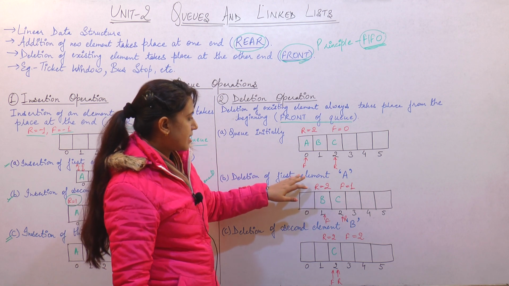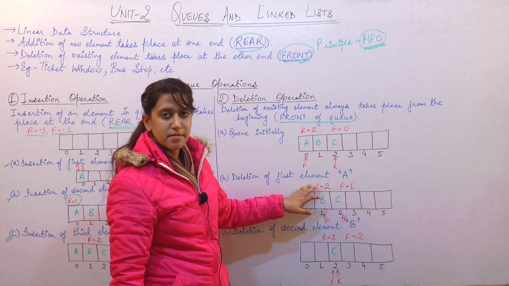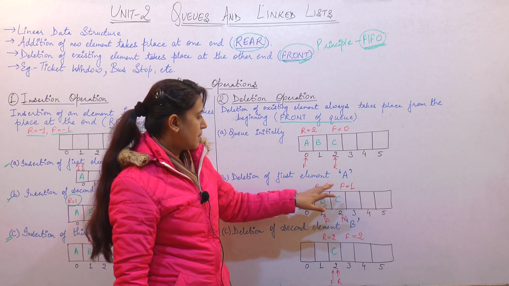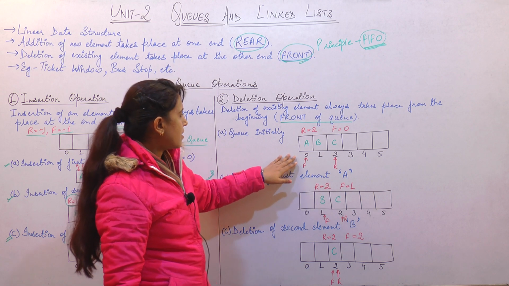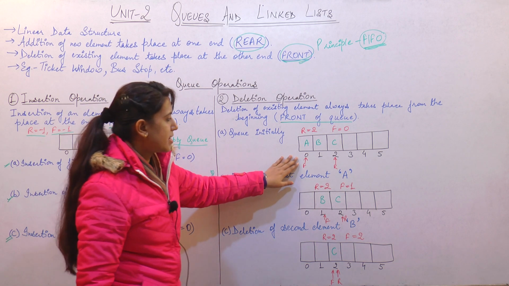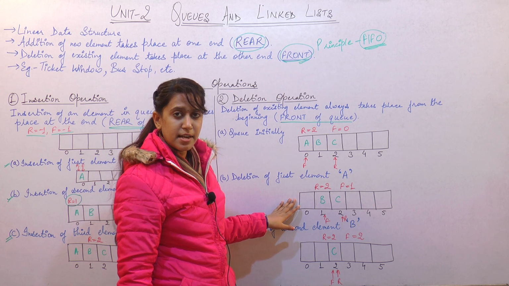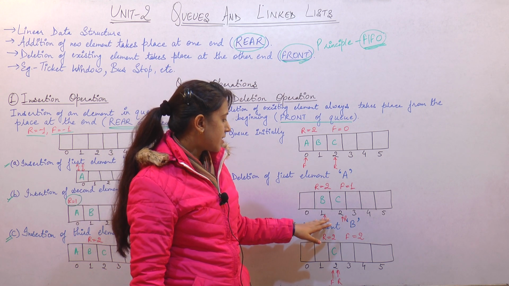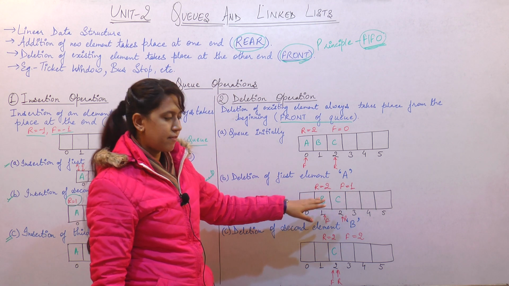So when we deleted A from the queue, the value of rear end does not change, but the value of front end incremented by 1, because in the first step the value of front end was 0. After deleting the first element A, the value of front end incremented by 1 and became 1.